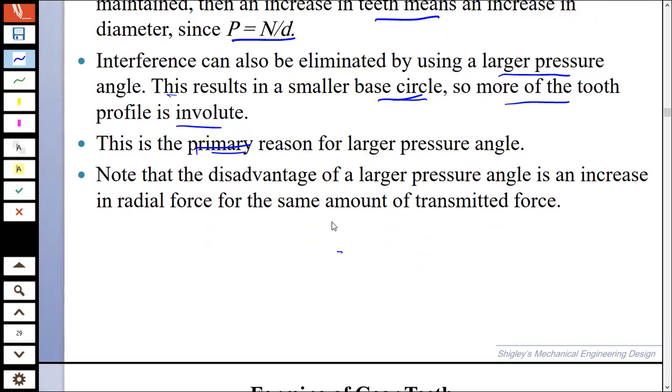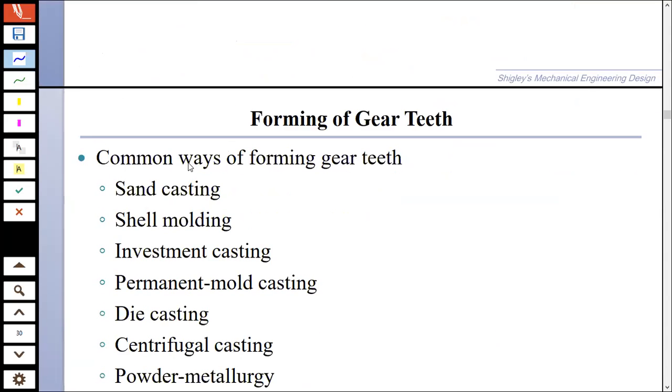So you will end up with more of the tooth portion being involute rather than just a straight line. Okay? The disadvantage of a larger pressure angle is an increase in the radial force for the same amount of transmitted force. That is the disadvantage of making a larger pressure angle.